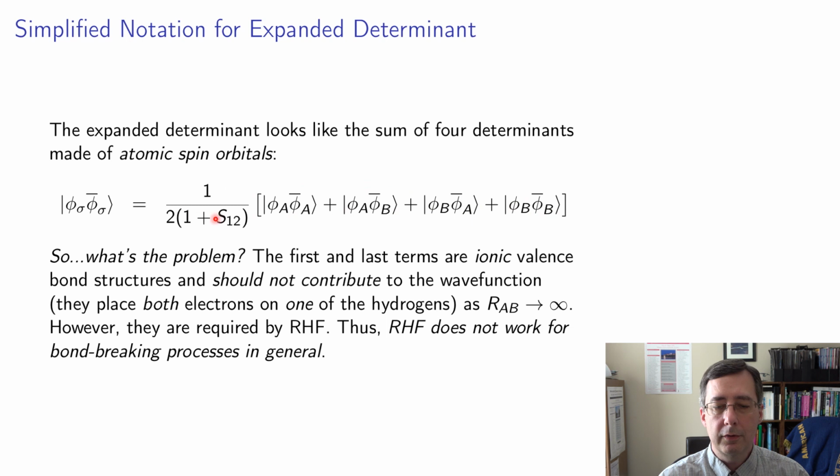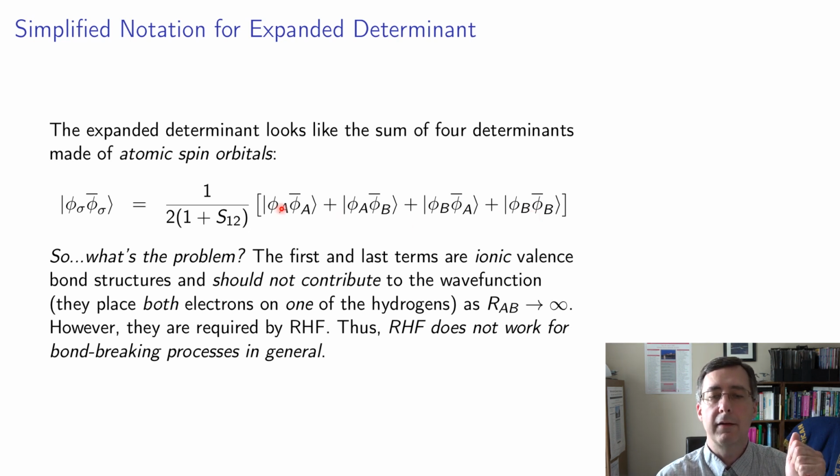Now, I'm going to assert that this way of looking at the determinant shows you that there is a problem with this determinant if I go to long bond lengths. At equilibrium, it's totally fine, no worries. But if I go to long bond lengths and this is my Slater determinant, there's a problem. Why is that? Well, this term and this term put both electrons on one side of the molecule or the other.